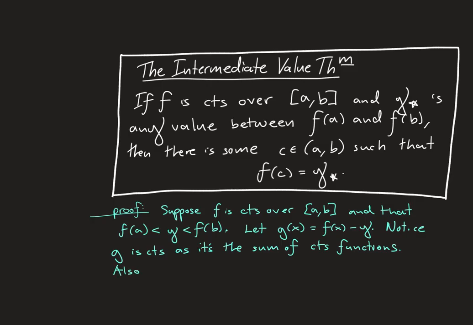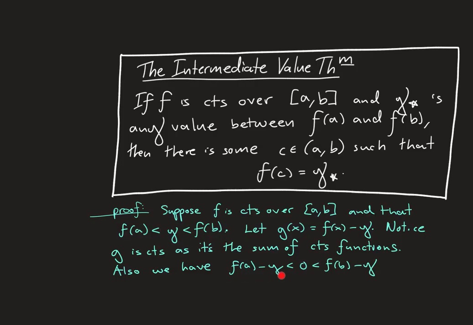Also, by subtracting y across this inequality that's given to us, what would we have? I'll show the steps. f of a minus y is less than 0, which is less than f of b minus y. Again, that's simply subtracting y across this inequality.